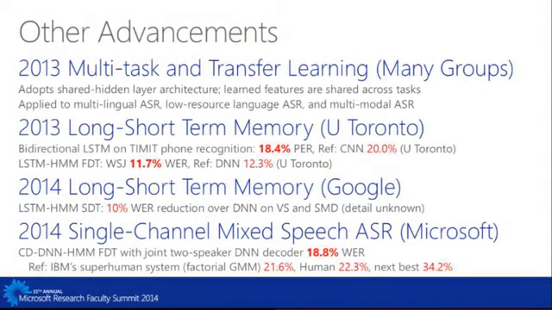In recent years, there are other advancements along the way. For example, many groups have applied multitask and transfer learning techniques to the system and applied that to multilingual ASR, low resource language ASR, and multimodal ASR. And University of Toronto and Google also tried to use long short-term memory recurrent networks for ASR.